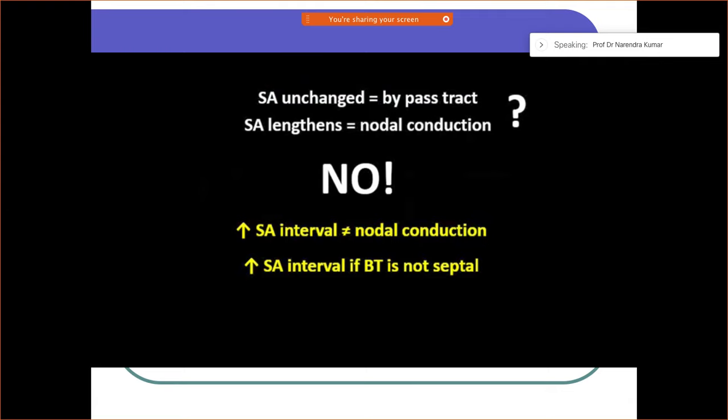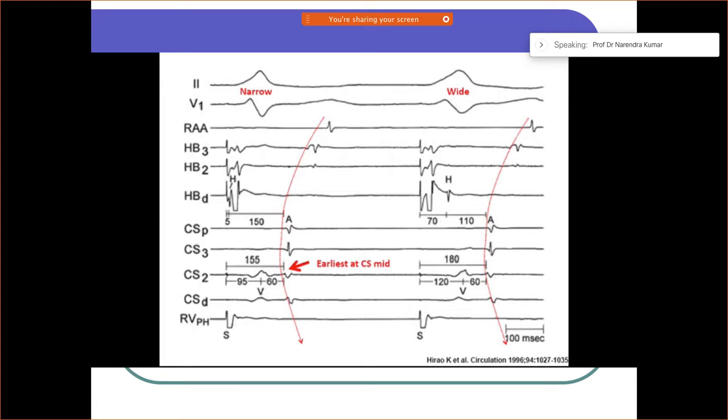If you look now, this tracing is again a very nice example. Narrow, wide, no doubts, right? What is happening over here is we can see the earliest is at the mid CS. This is like a bracketing phenomenon, but the earliest A is at the CS mid.